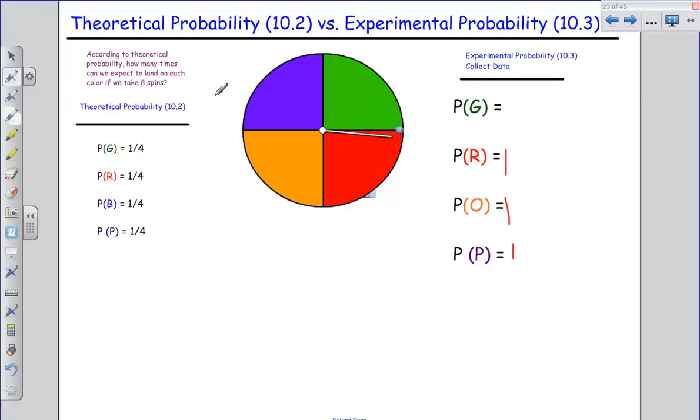Spin 4, red. Spin 5, green. Spin 6, green. Spin 7, red. Spin 8, orange.